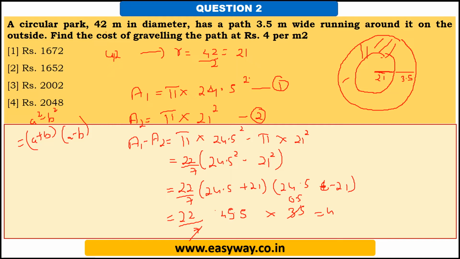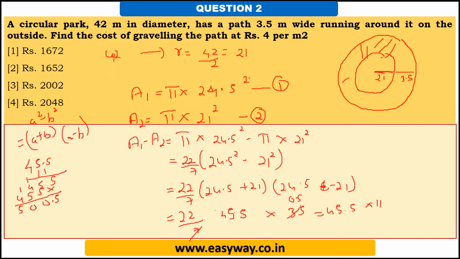So 45.5 into 11 is the area of this path. So first we will solve this. 45.5 into 11, that will be 455 and again 455, so the answer will be 500.5. So our final answer is 500.5.